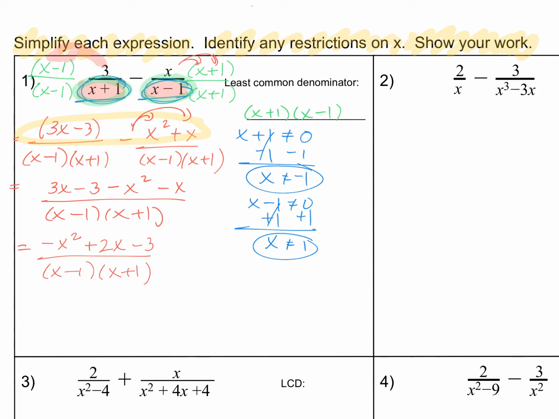And at this point, I'm almost done. I want to see if I can factor the top again at this point and see that there might be something that can cancel out because maybe this isn't simplified all the way. So on the top, I'm going to take out a -1.